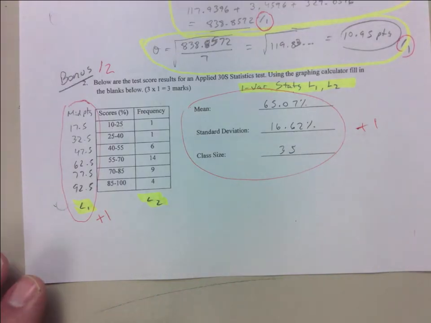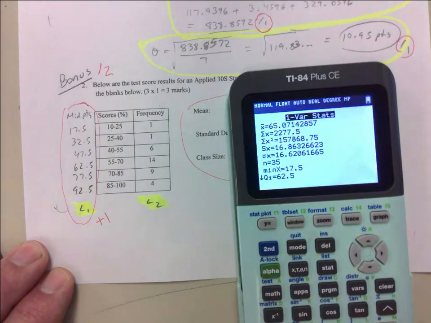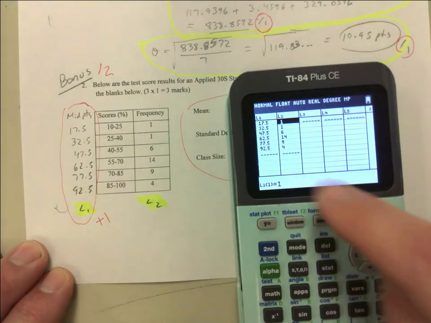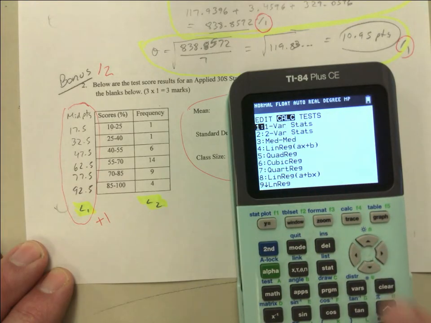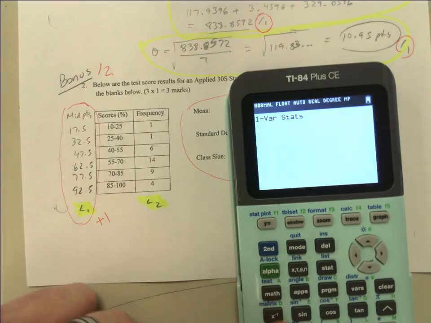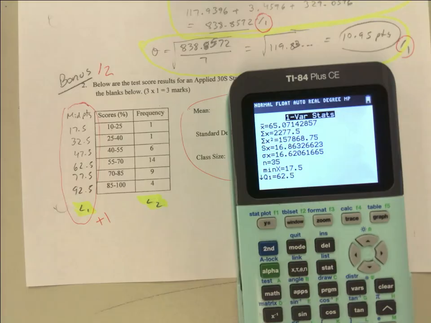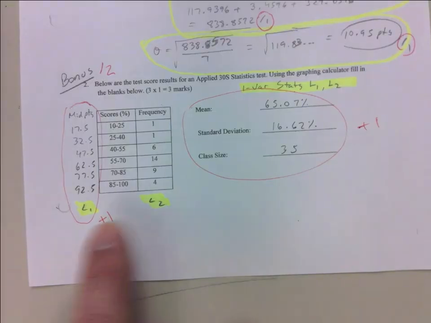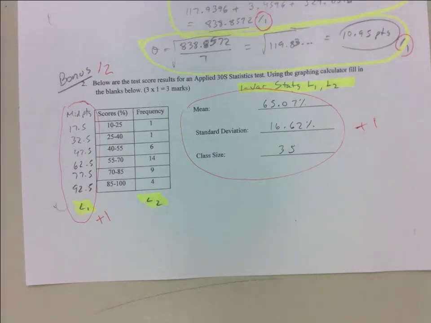I think I still have this on my calculator, so I'll just show you how to. I still have the midpoints there, the frequency there. You go stat, calc, one variable stats, second 1, comma, second 2, okay? And that's how you get your answer. So +1 for that part.